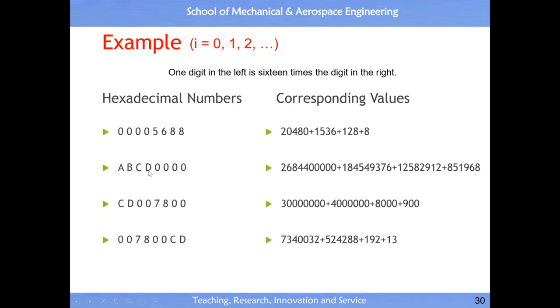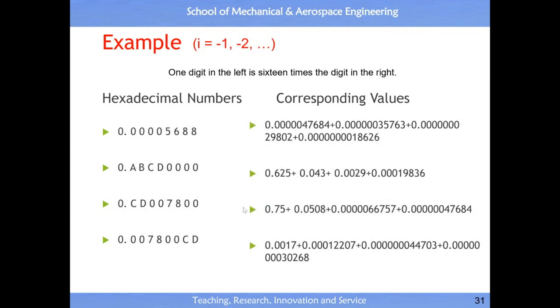Then this is 10, 11, 12, 13 times 16 raised to the power 4. Okay, then you should be able to get this value. So I let you evaluate the result for the remaining two series of digits for the hexadecimal number.